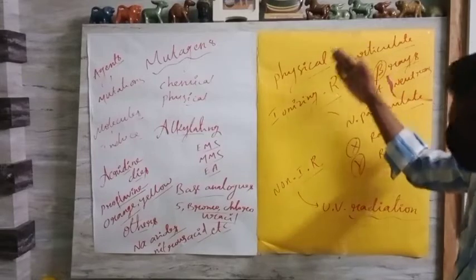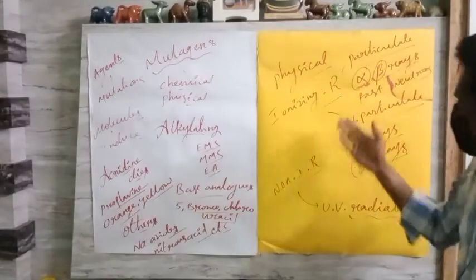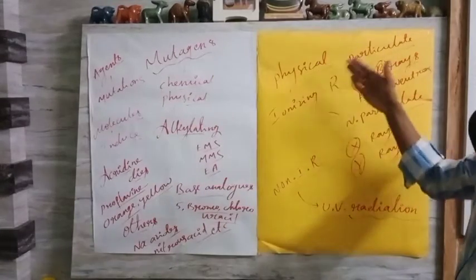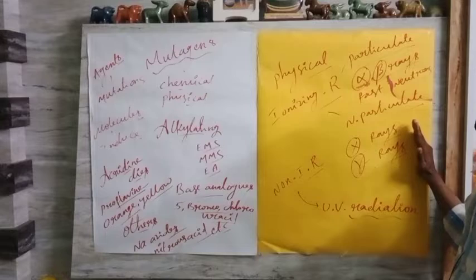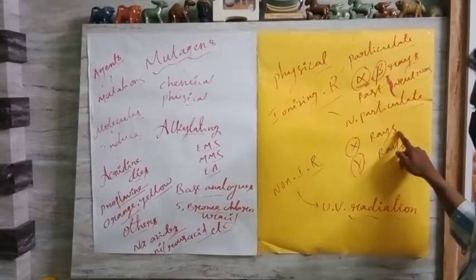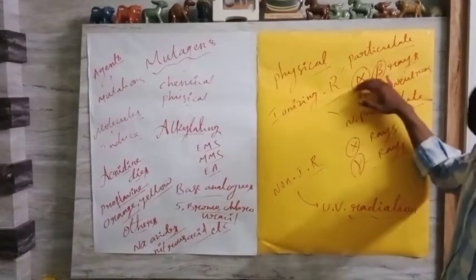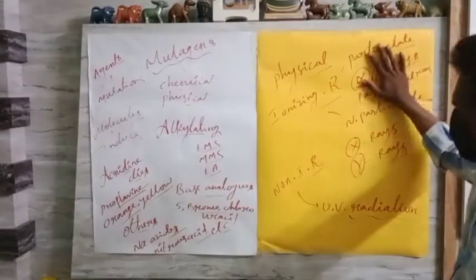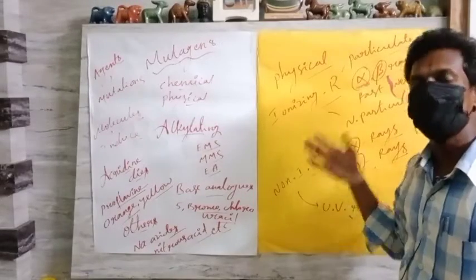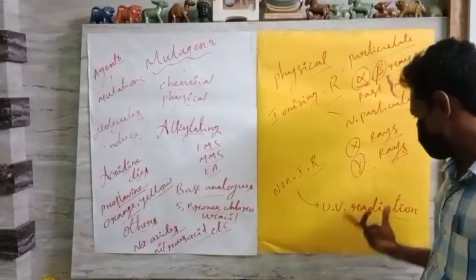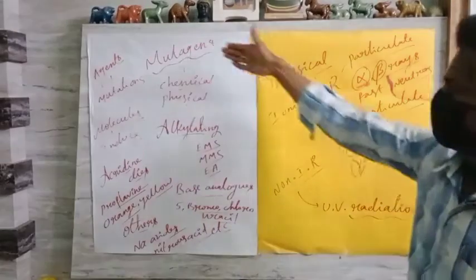And physical ionizing radiation non-particulate mutagens have 2 examples, X-rays and gamma rays. So X-rays and gamma rays come under non-particulate; alpha, beta and fast neutrons come under particulate. This particulate and non-particulate come under physical ionizing radiation mutagens, and UV rays or UV radiation come under non-ionizing radiation physical mutagens.